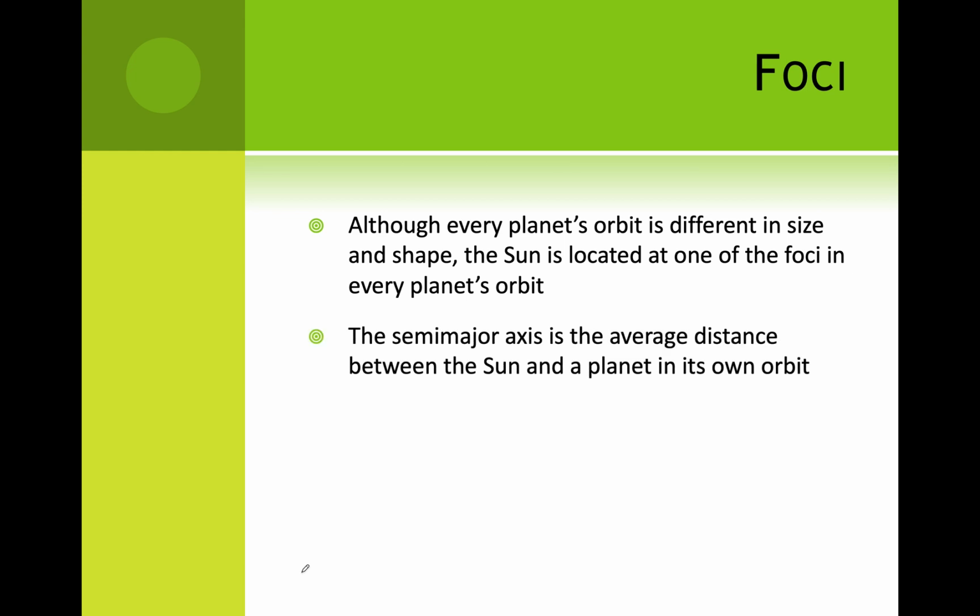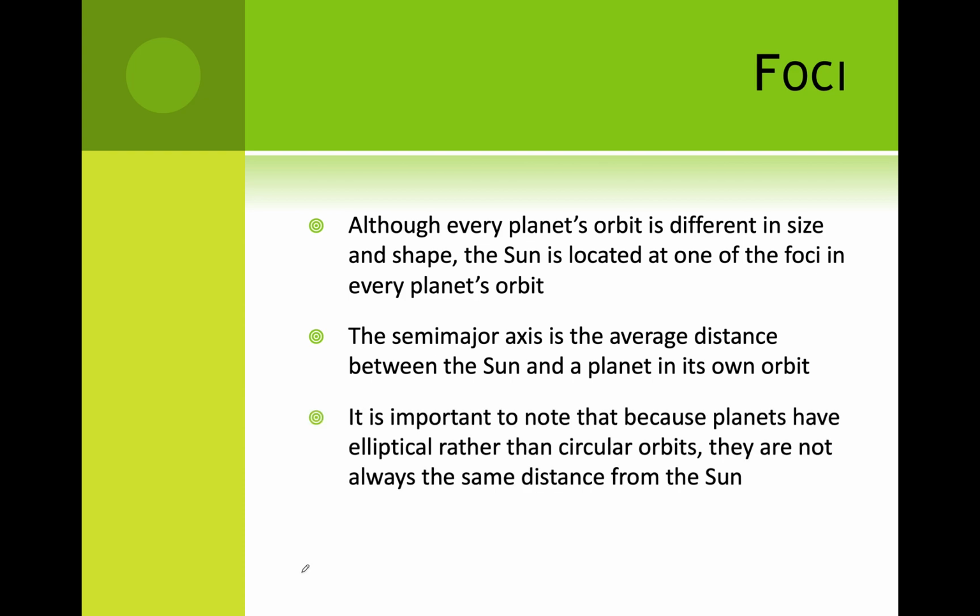We call the semi-major axis the average distance between the sun and a planet in its own orbit. And it's important to note that because planets have elliptical orbits, they are not always the same distance from the sun.